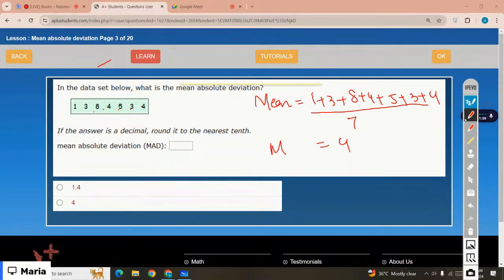The next thing you have to do is subtract the mean from each data value and calculate the absolute value. Then you need to add them all. Basically, you start from here. You have to do 1 minus 4, the absolute value, right?